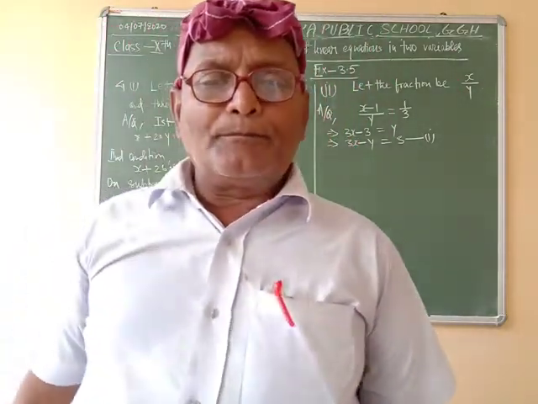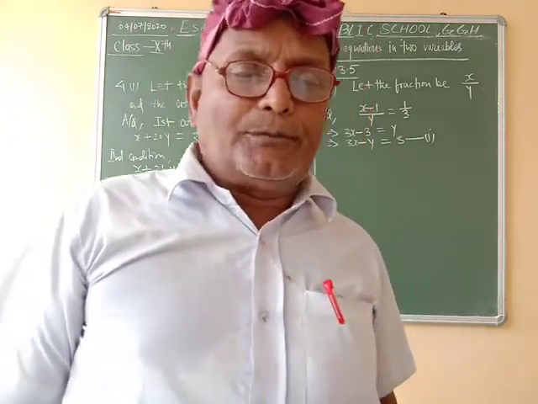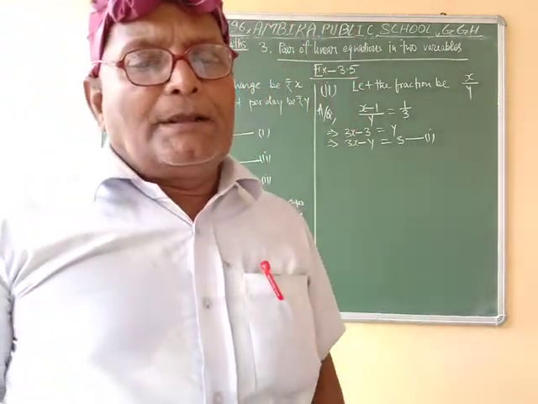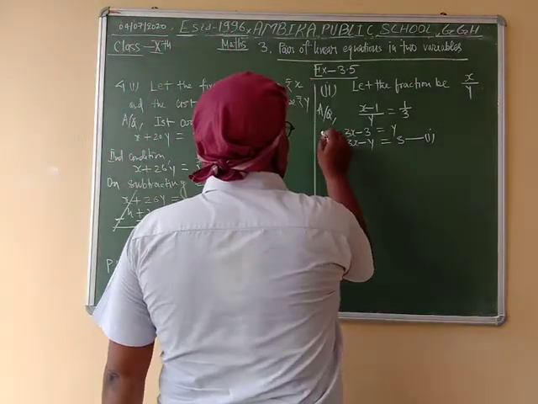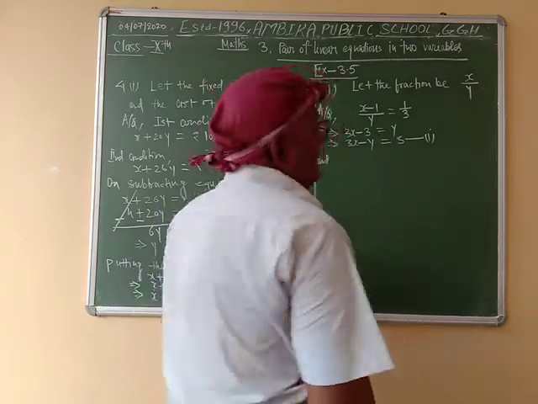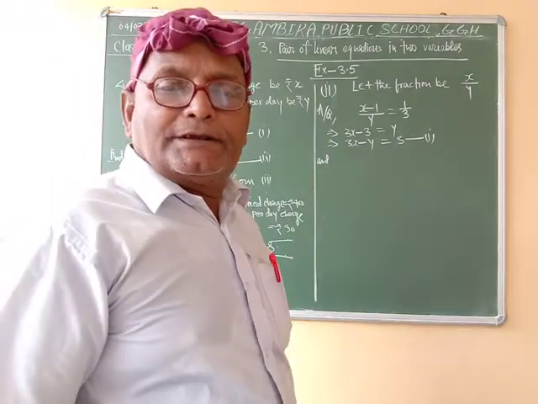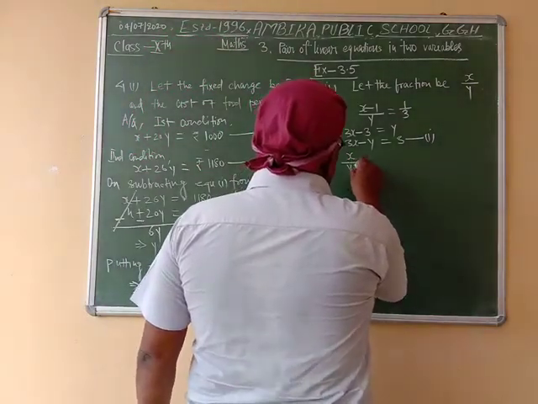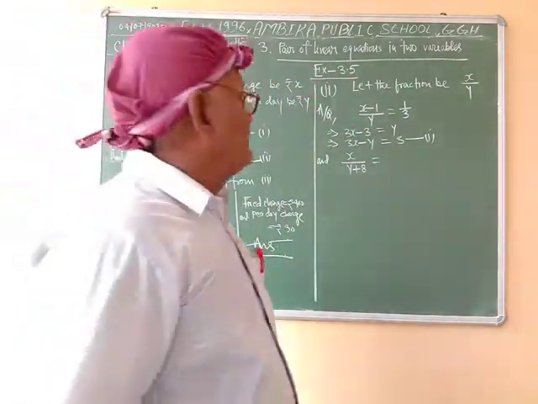The second condition is that it becomes 1 by 4 when 8 is added to its denominator. So when 8 is added to its denominator, x by y plus 8 is equal to 1 by 4.